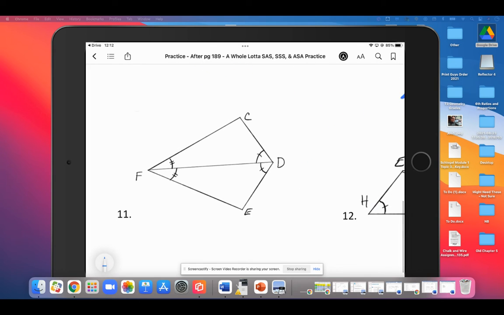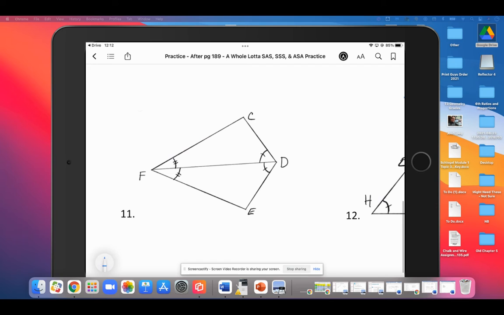On to number 11, we have that angle CFD is congruent to angle EFD. We have that angle CDF is congruent to angle EDF. And we can say that FD is congruent to FD because of the reflexive property.